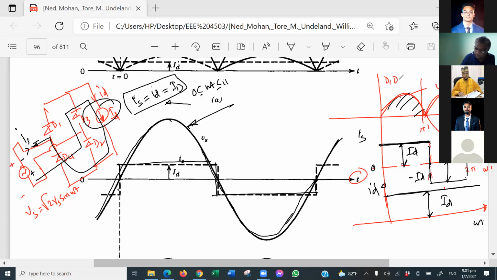D1 and D2 will be conducting here, and here D3 and D4. Since the zero crossing of the current is at omega t equal to pi, D1 and D2 will be reverse biased, current is 0, and D1 and D2 will be turned off at omega t equal to pi.